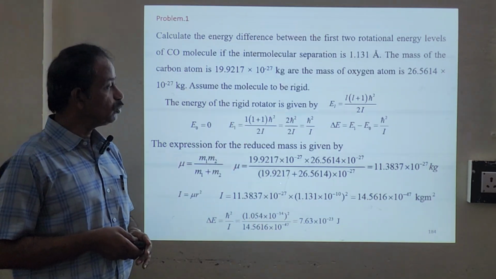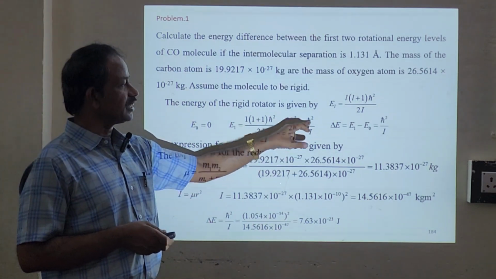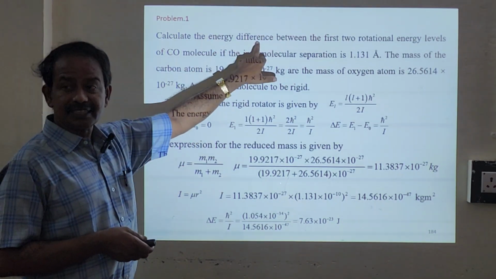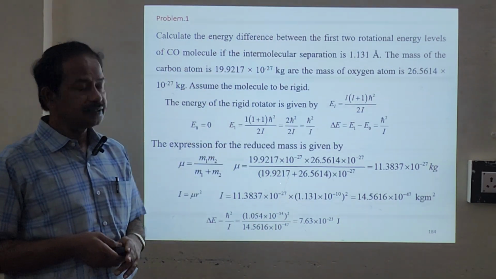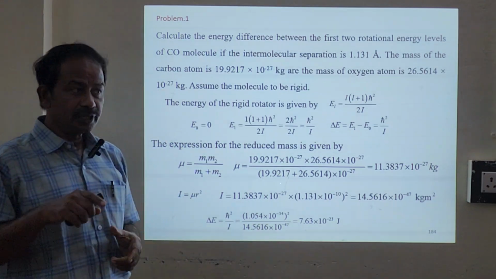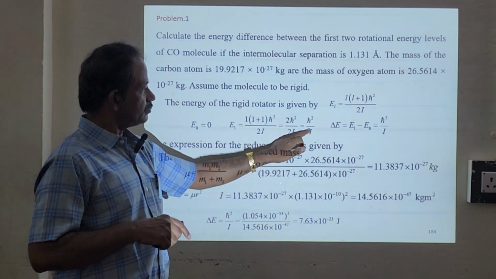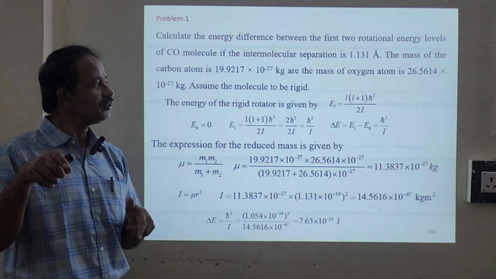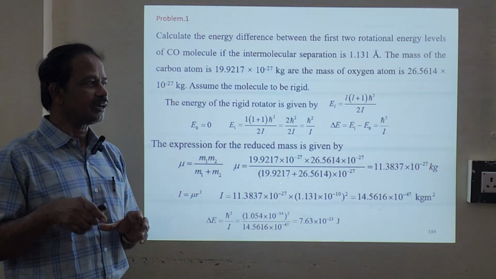That will be 2 h bar squared divided by 2I. 2 gets cancelled, you get h bar squared divided by I. The energy difference is asked, so del E equals E1 minus E0. You just subtract: h bar squared by I minus 0, which is equal to h bar squared by I.